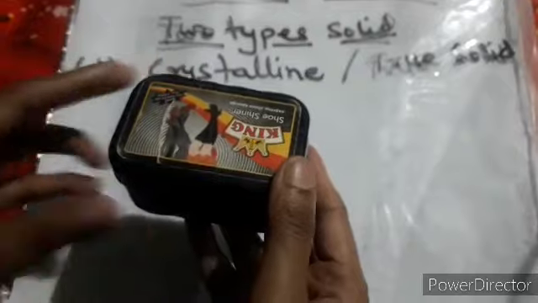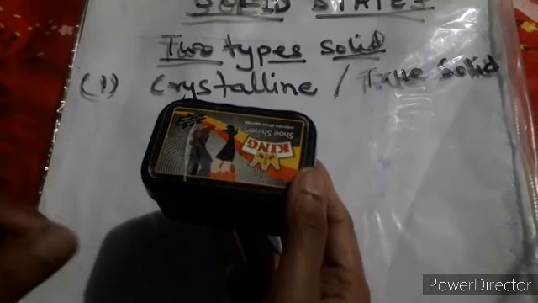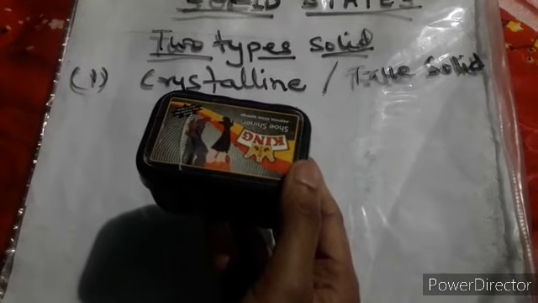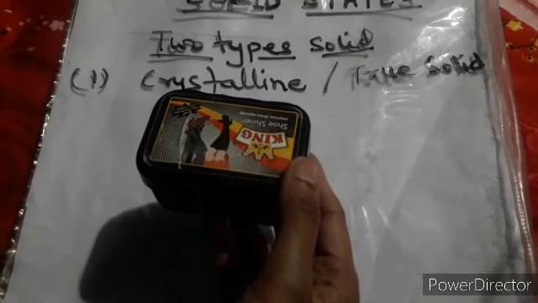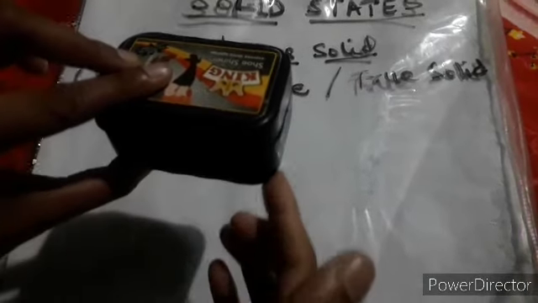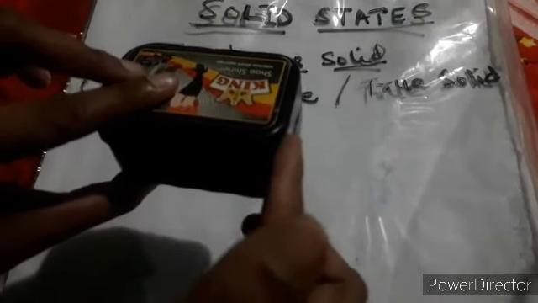Edges are length, breadth and height. So it shows a definite configuration and a definite arrangement of particles.